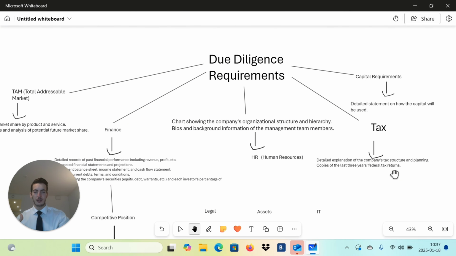So as I told you, that is not relevant to all the private sector companies or all the funds. But if you already have a publicly traded company, you can absolutely do that. You will need to show them the tax structure, planning, copies of the last 3 years of federal tax returns.